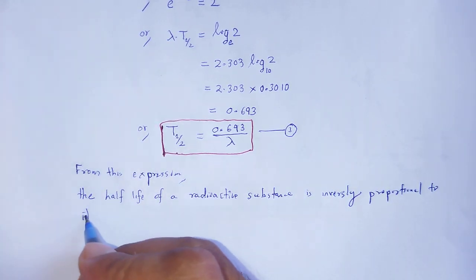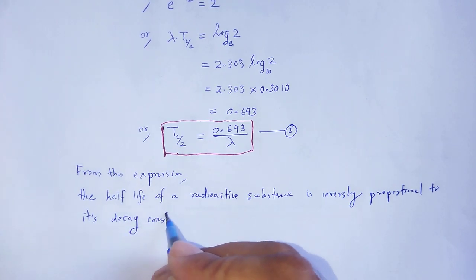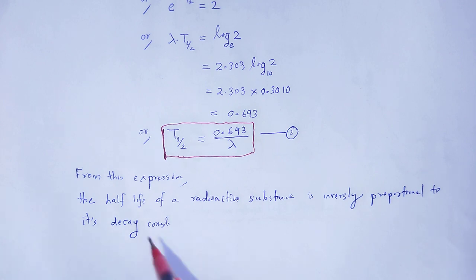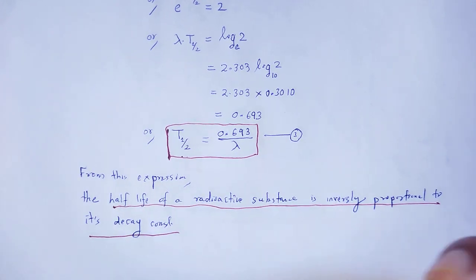So, the half life of a radioactive substance is inversely proportional to its decay constant.